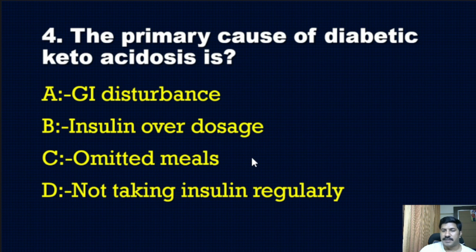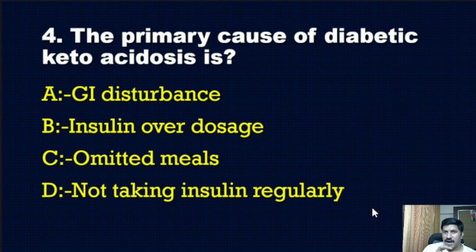Then omitted meals. Omitted means the person is not getting adequate glucose from meals. So this will also lead to hypoglycemia. So we can omit the third option. Then only the fourth option is there, that is not taking insulin regularly. If insulin is not taken, the available insulin in the person's body will be less.